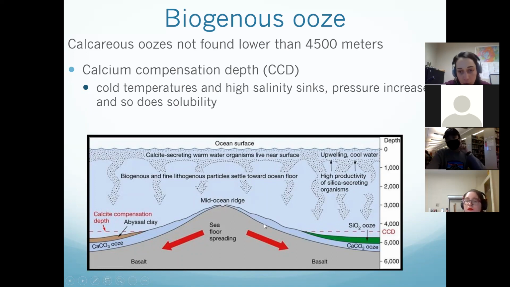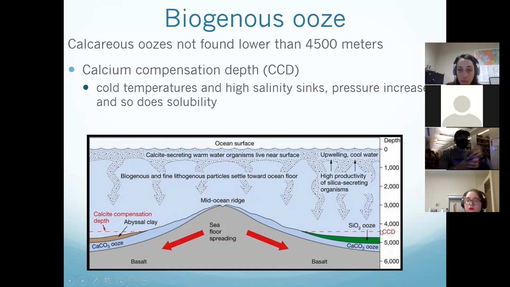And so as it's moving off the ridge, it's getting closer and closer to the CCD, closer to that 4,500 mark. And remember, below 4,500, or below the calcite compensation depth, all of the calcite material gets absorbed into the water. And so all that's left is the siliceous material, which can't be absorbed.